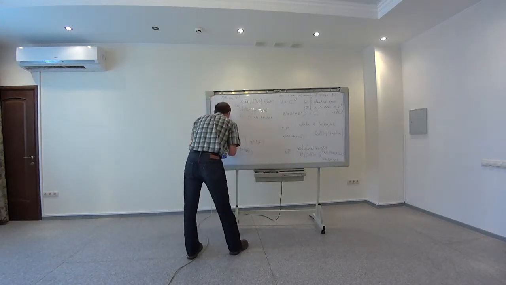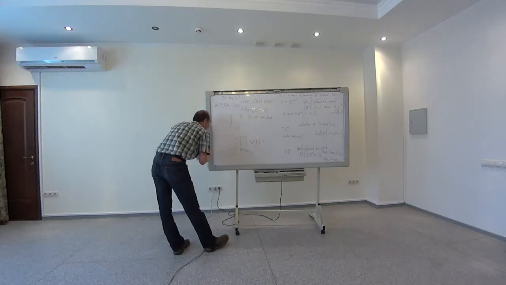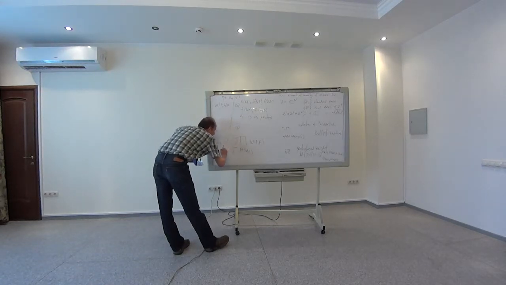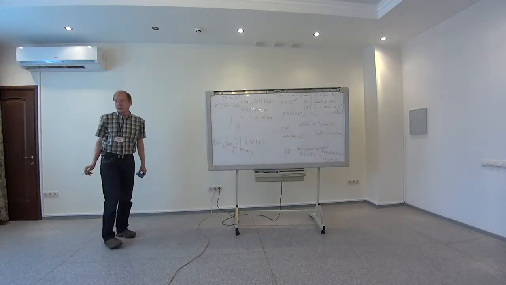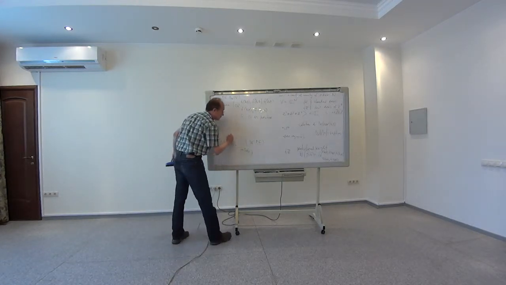And I write M omega of X equal 1 over N to the power of the number of vertices, times all this. That's a normalization. So that's the partition function.